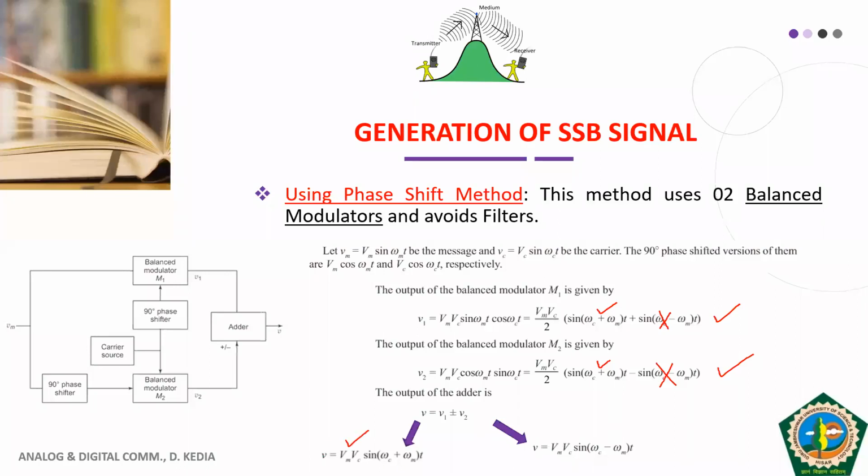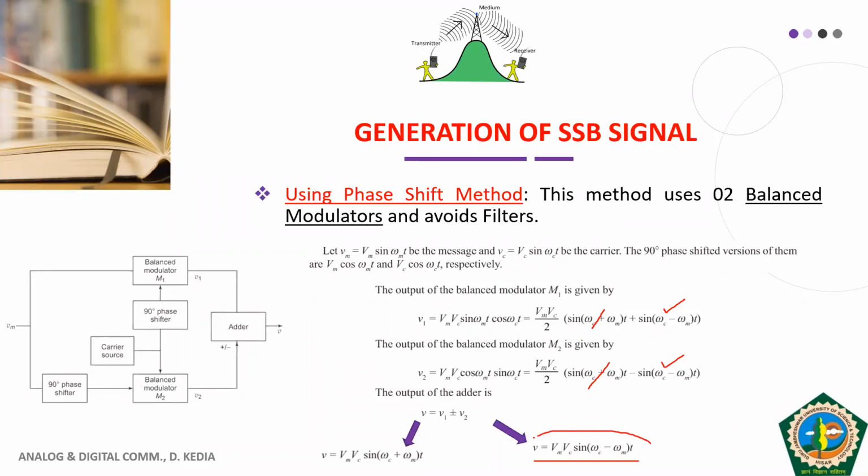On the other hand, if we want the lower sideband, we want to preserve the terms with omega c minus omega m t. But there is a minus sign, so what we will do is subtract them. If we subtract them, the upper sideband terms will be cancelled. The minus minus will become plus, and we will get the term Vm Vc sine of omega c minus omega m into t.